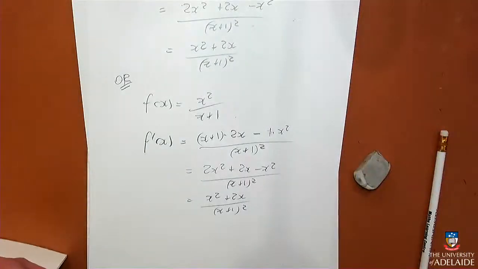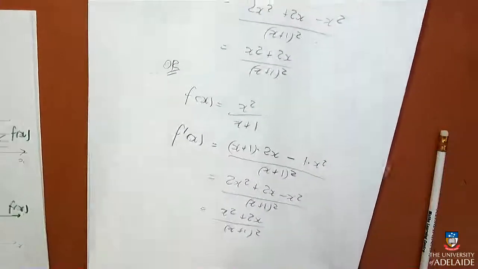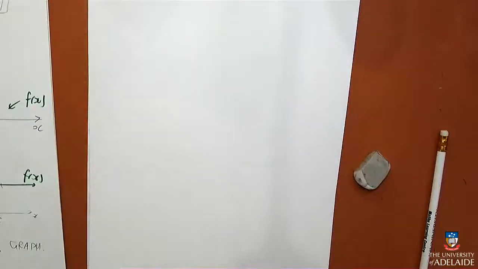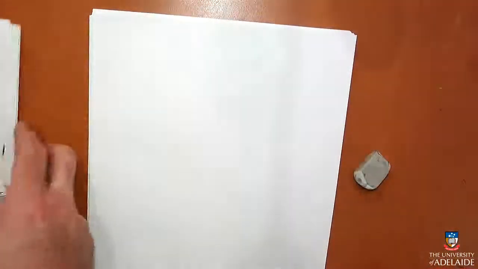Okay, product rule for multiplying, quotient rule for dividing. What if there is one more thing that we can do to functions, and that one more thing is you can put one function inside another. So this is our last rule.